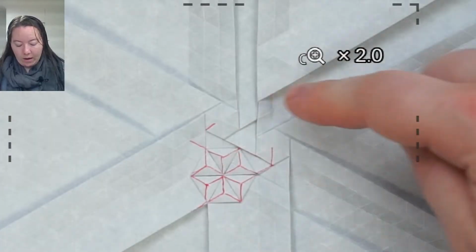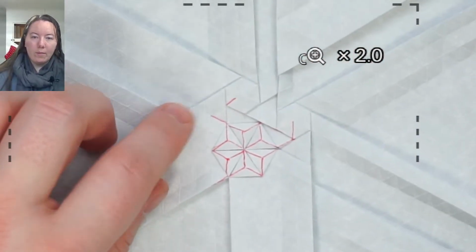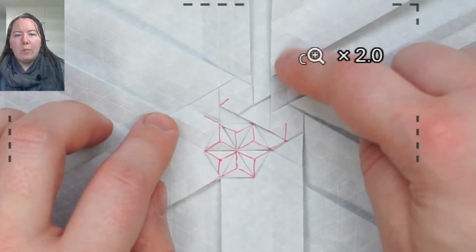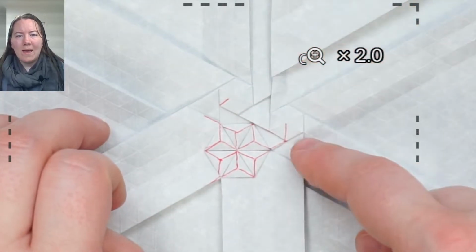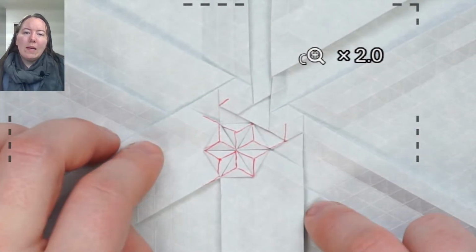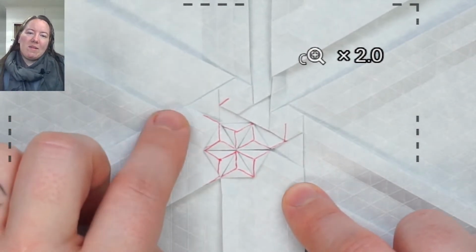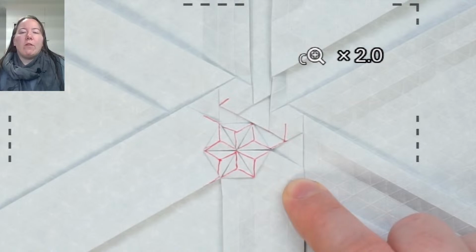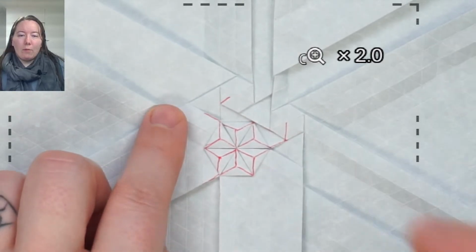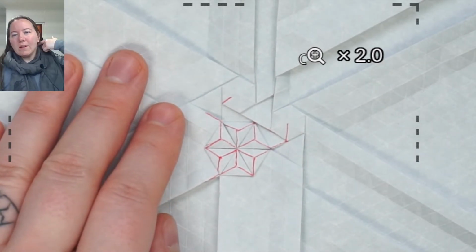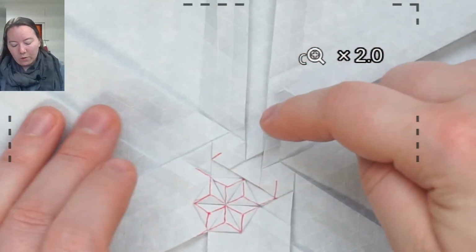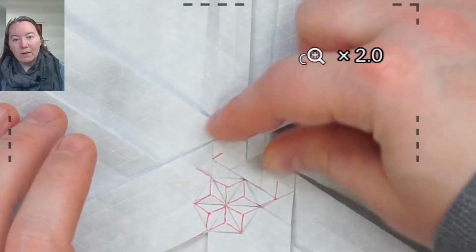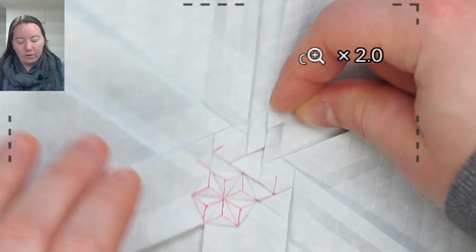And now I have the old pleat overlap that I avoided, a pleat overlap between these 2 hexagons, and a new pleat overlap that looks exactly the same as that one over there. So one way or another, we're gonna be hitting one of those in an unfriendly way. And I want to deal with this overlap between the 2 hexagon twists first.